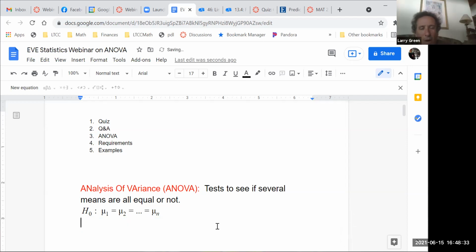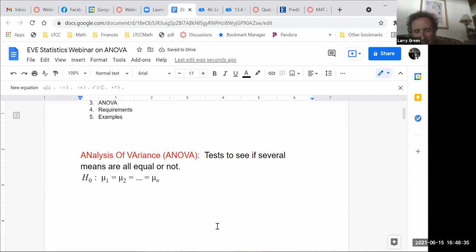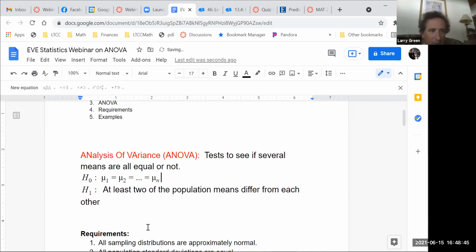So I'm going to get rid of the wrong and let's put in the right. So H1 is that at least 2 of the population means differ from each other.